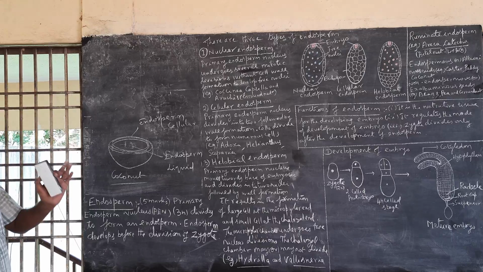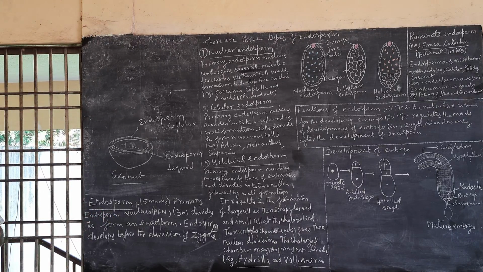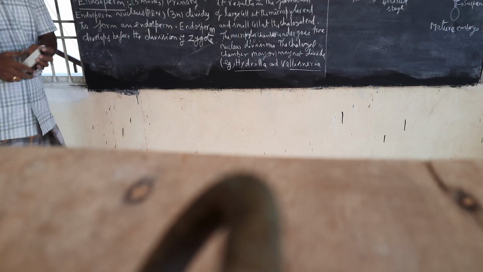Now endosperm. See, how does endosperm develop? Secondary nucleus.